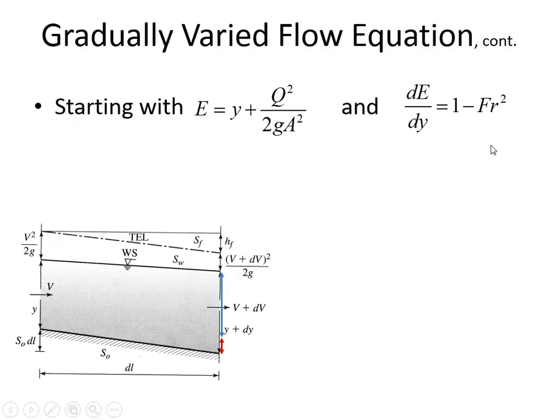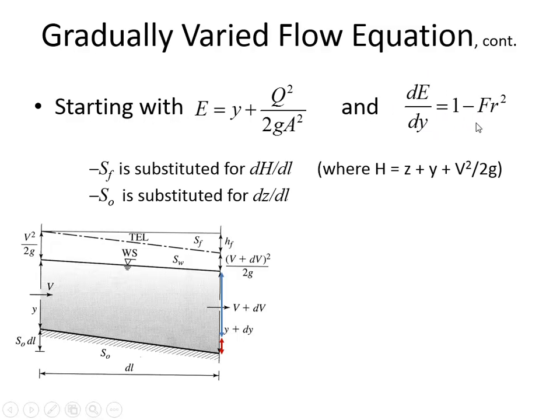And if we also accept the fact that dE/dy, and we've gone through this part before, is 1 minus the Froude number squared, then we can substitute in the energy grade line slope for dH/dl, and by H we mean the delta z, the elevation difference between the channel bed at location 1 and the channel bed at location 2. So that's z. Y is the flow depth, and then the velocity head. So in other words, the total energy. And then the slope of the channel is substituted for dz/dl.